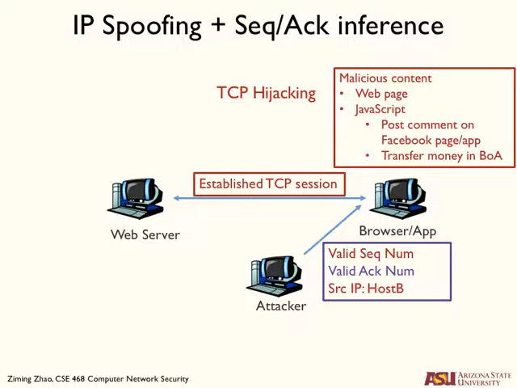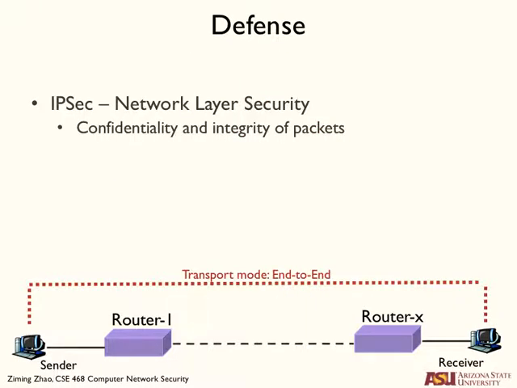So if that is a banking application you are using, and the attacker injects some JavaScript, that JavaScript can transfer money on your behalf. So this is a serious problem. Actually, there is one way to defend against this, and we already started this. This is IPsec.